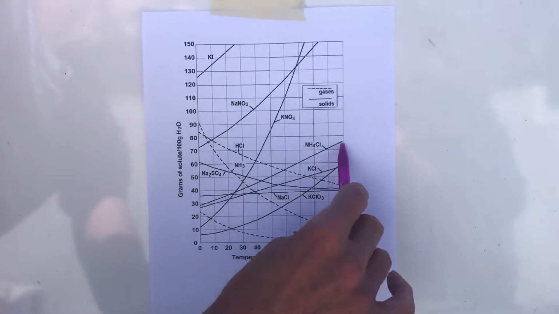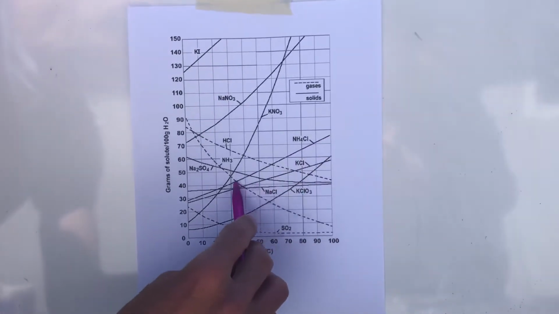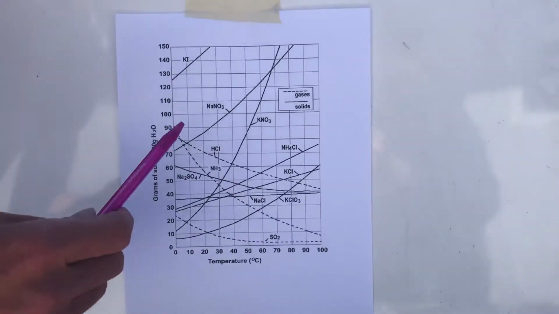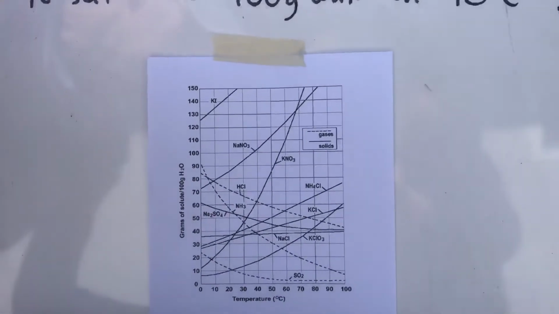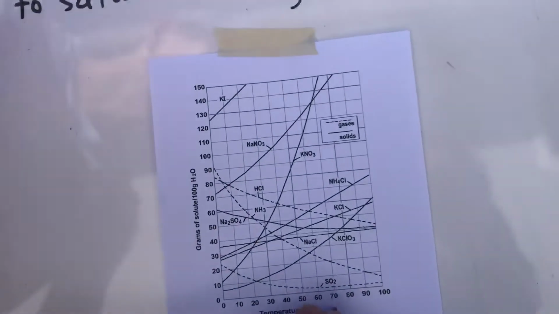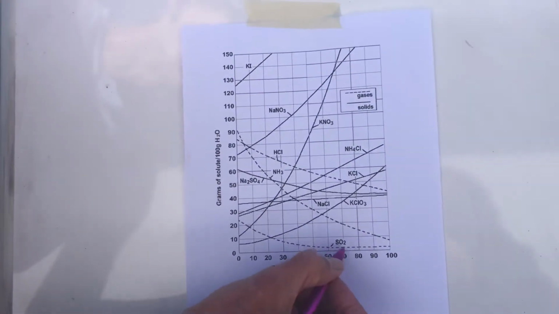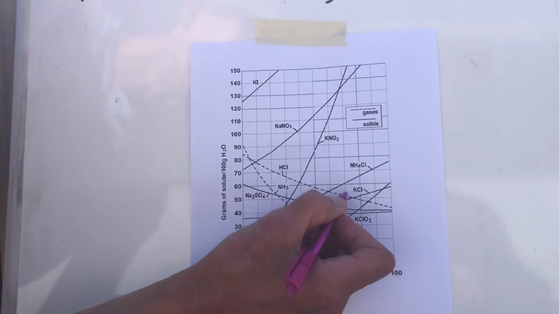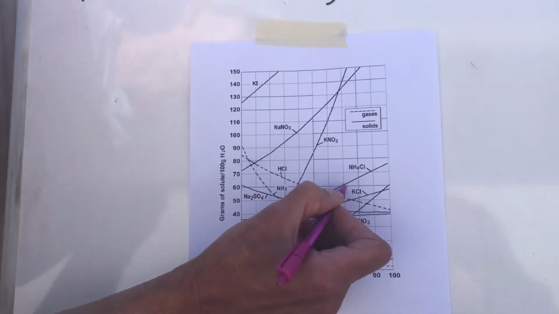We're looking at this curve here. At 70 degrees, that's right here, and then you just follow that up until you get to the ammonium chloride curve, which is about here.